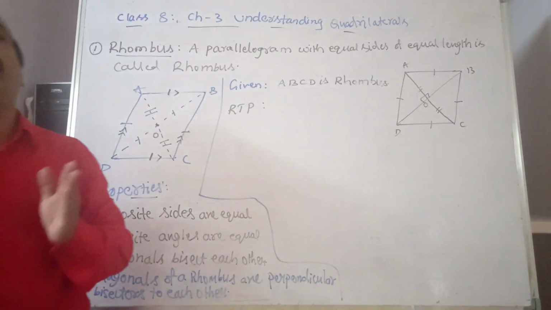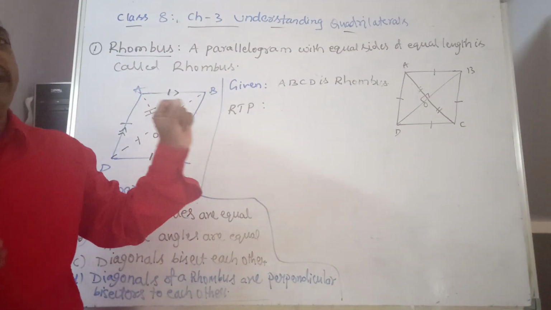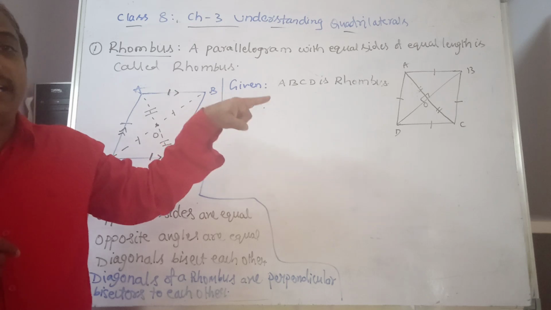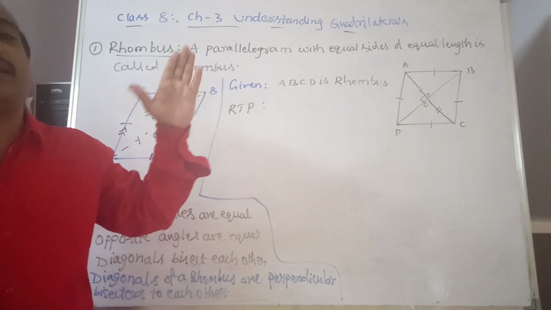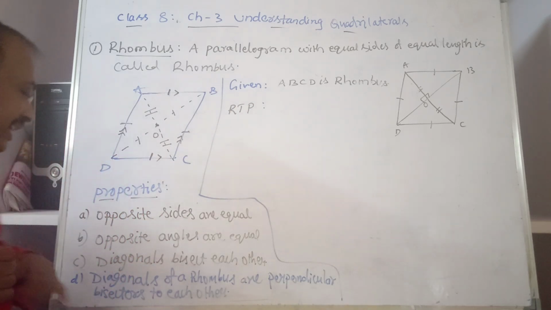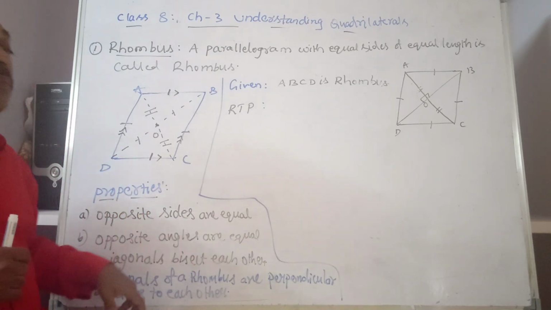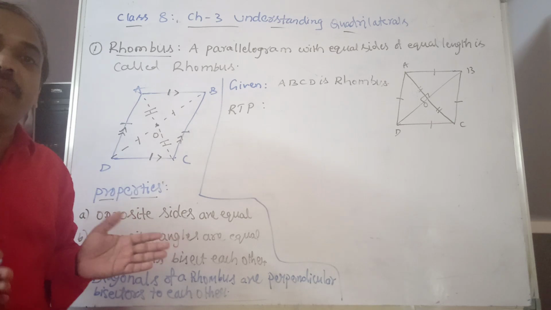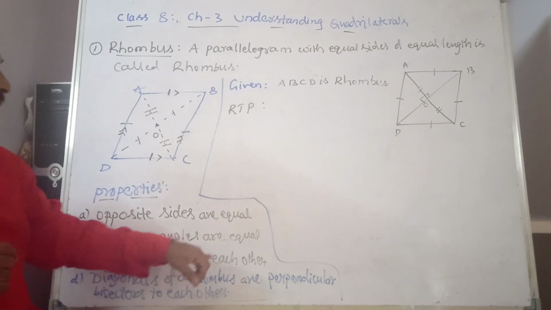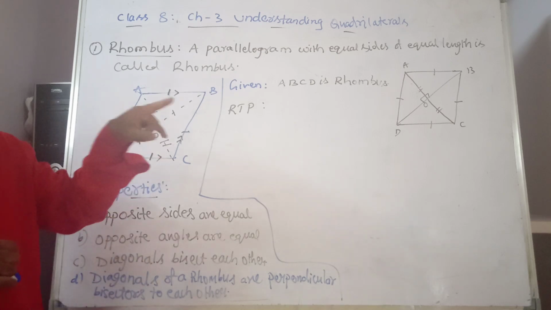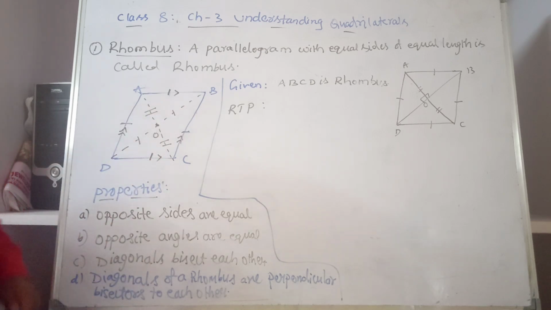Where the diagonals intersect, the angle they make is 90 degrees. Both diagonals are perpendicular to each other. Bisecting means dividing into two equal parts. Already we know the diagonals bisect each other, and we only have to prove that they are at 90 degrees.